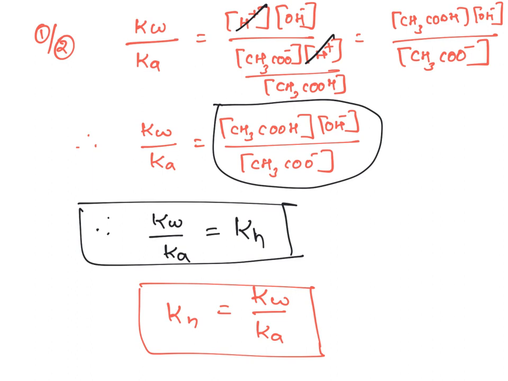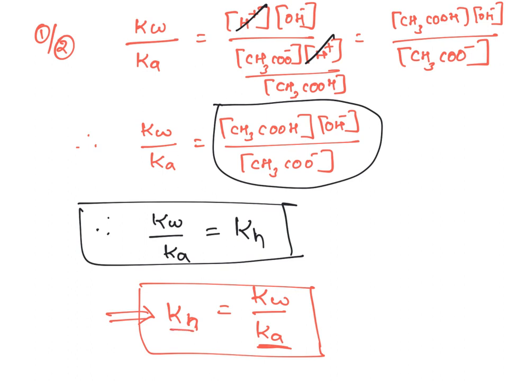So the information we are getting with respect to this salt is that the hydrolysis constant of a weak acid strong base salt is inversely proportional to the acid dissociation constant. If the acid dissociation constant is less, Kh is high.